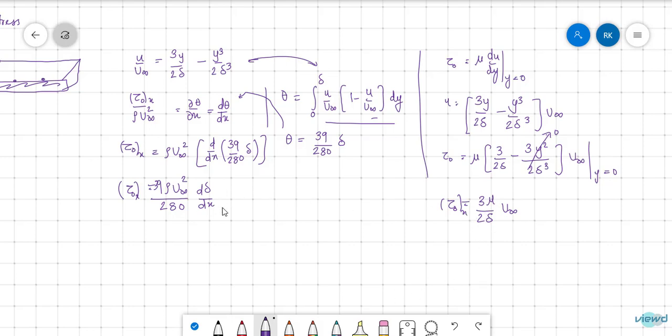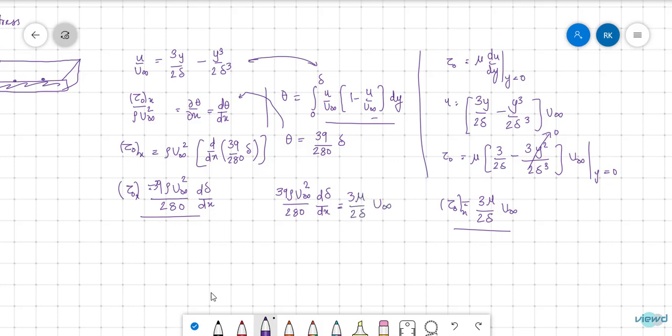Now we got this one and this one. Equating both, 39 rho u infinity square by 280 d delta by dx is equal to 3 mu u infinity by 2 delta.